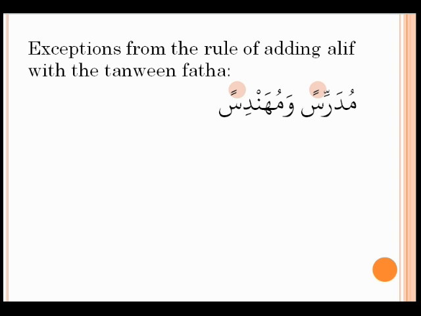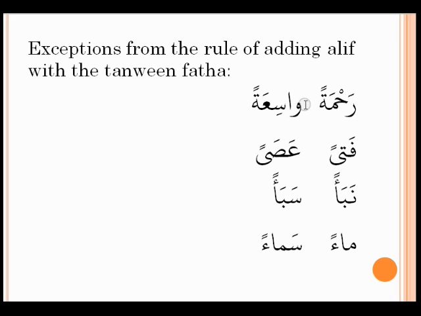Finally, we'll explain a spelling rule related to the tanween fath. Remember we said if we double the fatha, the tanween fath at the end of a noun, we have to attach an alif to it. There are exceptions to that. The first line shows nouns with ta marbuta at the end.